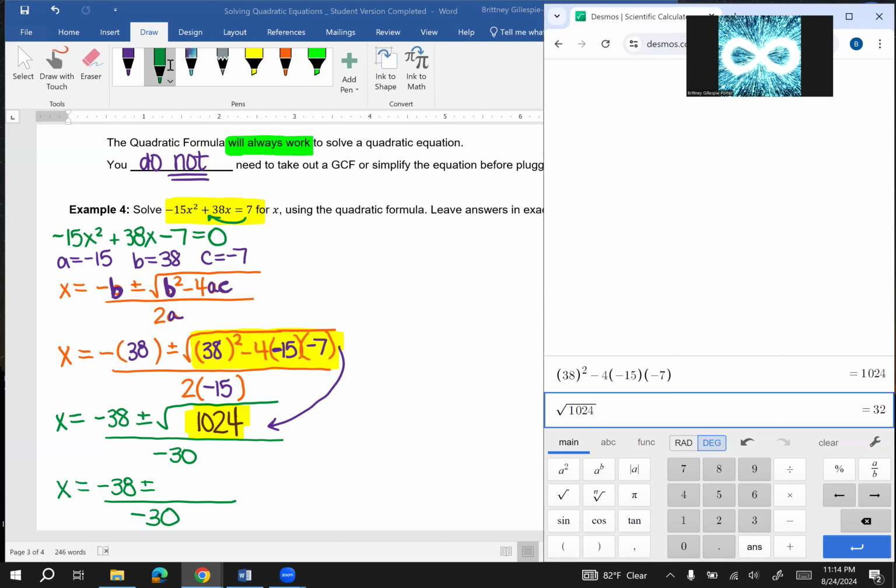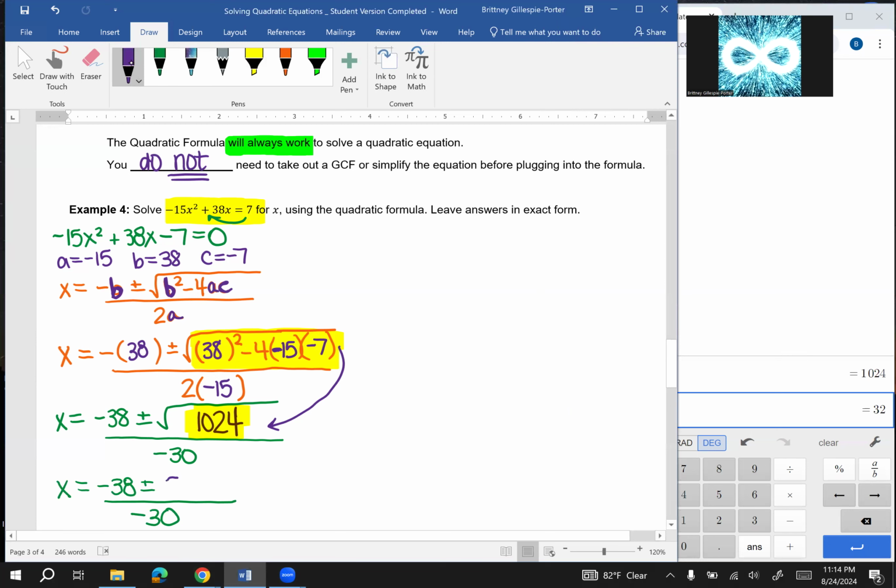And we just have 32, which means that we have -38 plus or minus 32 all over -30. I'm going to rewrite that up here.